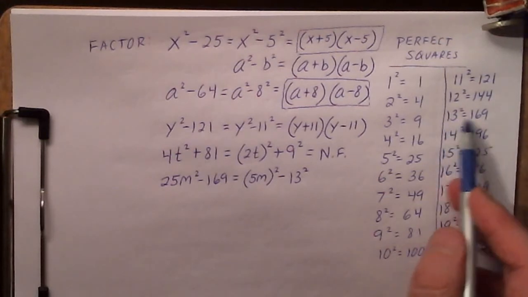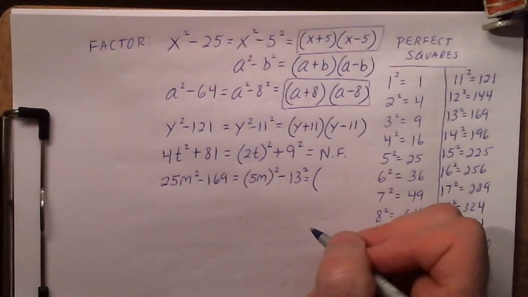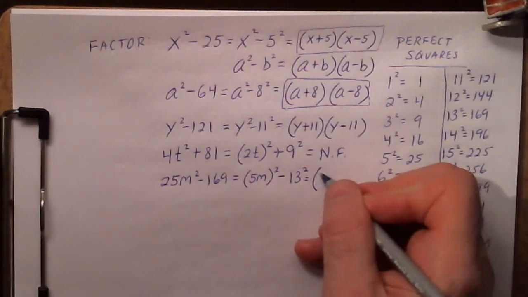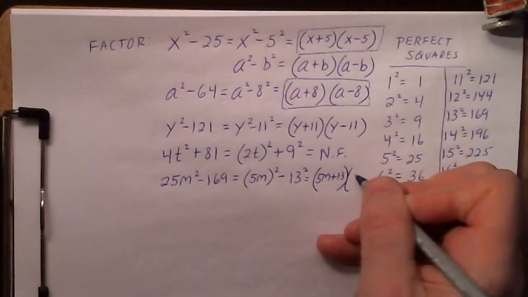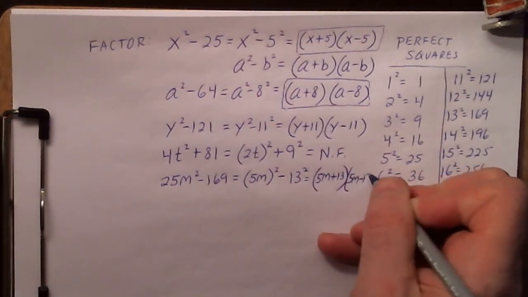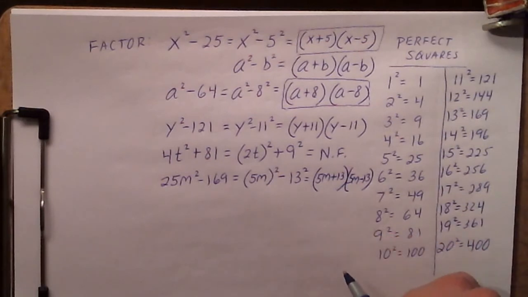So therefore, 25m squared minus 169 factors into 5m plus 13 times 5m minus 13. That's how it factors.